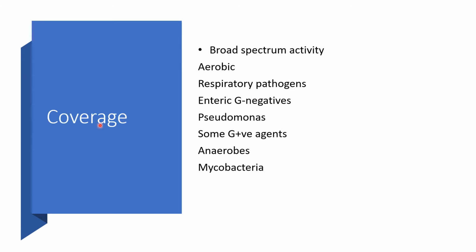When it comes to coverage, we are dealing with broad spectrum antibiotics, right? So we should expect any member of this very family, that is any of the fluoroquinolones, to have broad spectrum activity. And the level of coverage will include aerobic agents, respiratory pathogens, enteric gram-negative agents, Pseudomonas aeruginosa, some gram-positive agents, even anaerobes, mycobacteria.